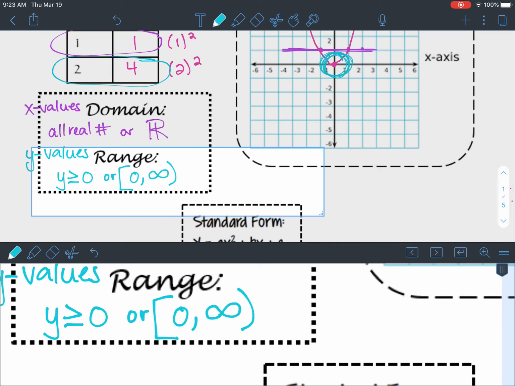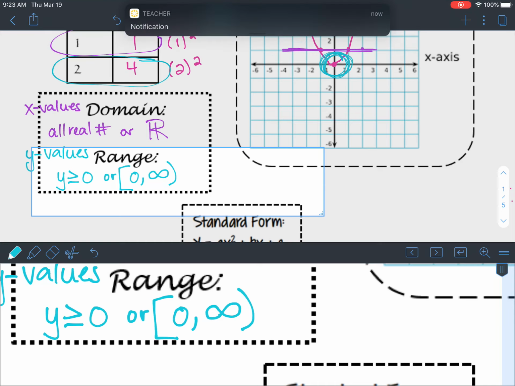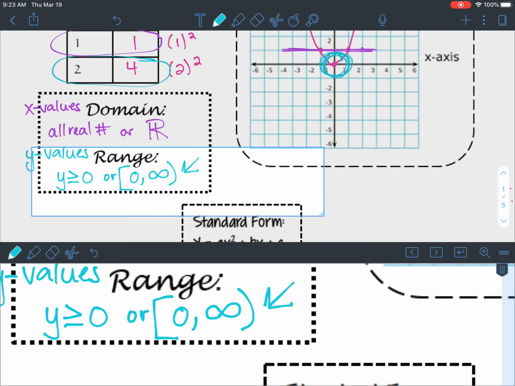And I can say closed bracket from 0 to infinity. And then I leave that open because open brackets signify that that number is not included. So infinity isn't a number that we can physically touch. We can touch the number 1, we can touch the number 2, but we can't touch infinity. So that's why we get this closed bracket versus open bracket. So you can write it those two different ways.